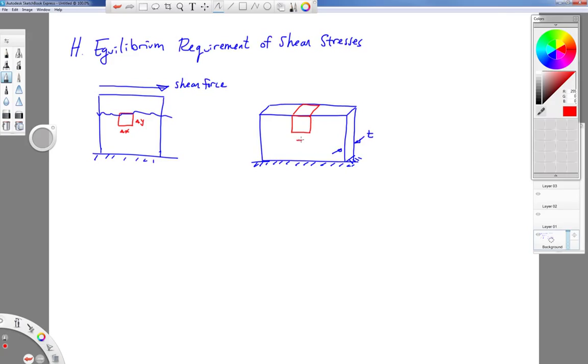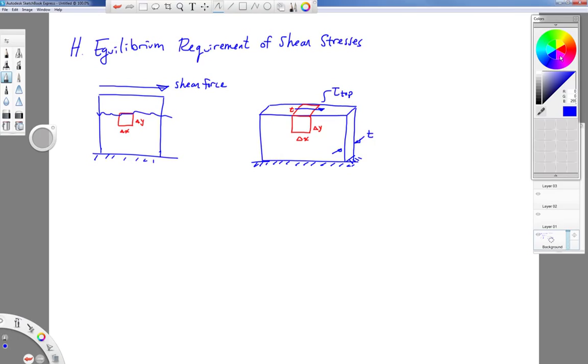So here's the dimension delta x, here's the dimension delta y, and there is my thickness T. Well, I know by taking this shear force, dividing it by the entire area of this section, I can find the average shearing stress on the top of that red square on top of that plate.